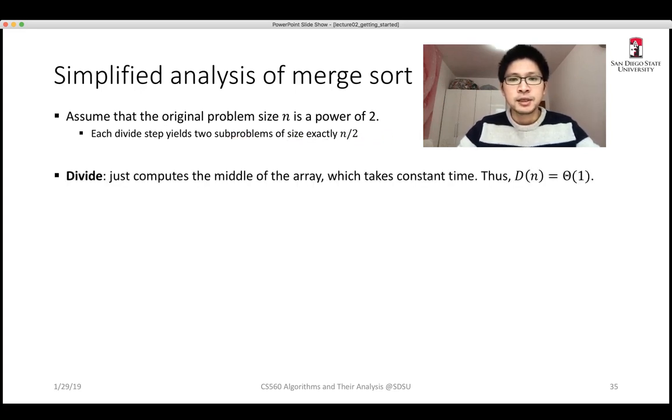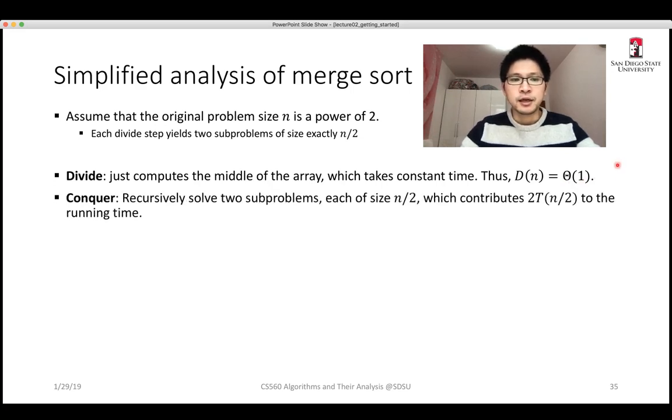Next, let's look at the cost for dividing and combining in merge sort algorithm. So when we divide an array into 2 sub-arrays, we just compute the midpoint of the array. So it takes constant time. Therefore, D of n can be written as theta of 1.